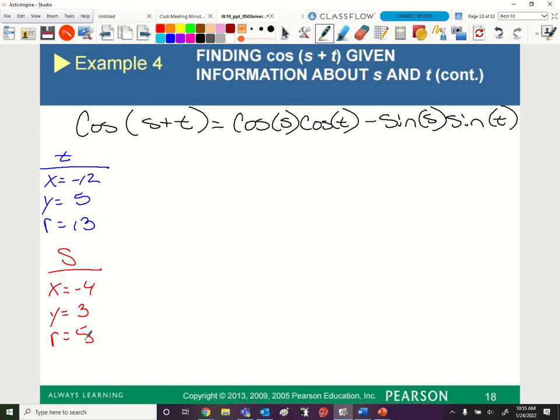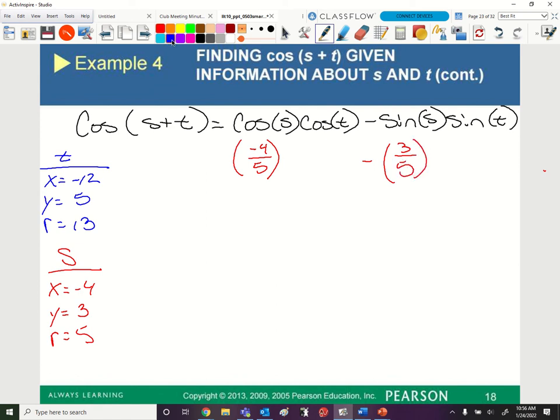Now, I'm going to go through and start filling this in. So I'm going to replace cosine s, so I'm looking at the s value right there. Cosine is supposed to be x over r, so this is going to be negative 4 over 5. And this next one over here is sine. Sine of s is y over r, so that one is 3 over 5.